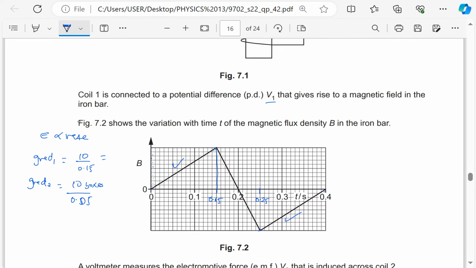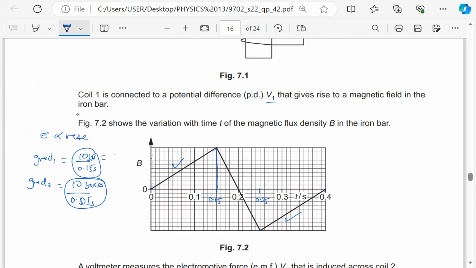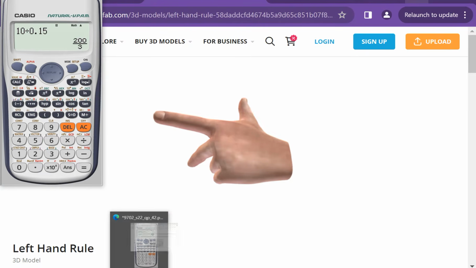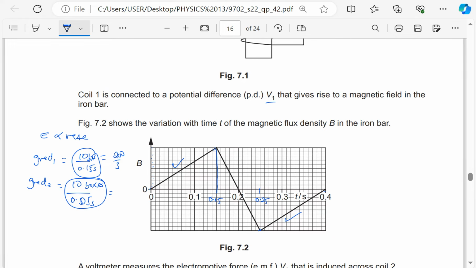I just want a number to compare to see which one is bigger. So for the first one, 10 divided by 0.15, which is 200 over 3. Then for this one, 10 divided by 0.05, which is 200.